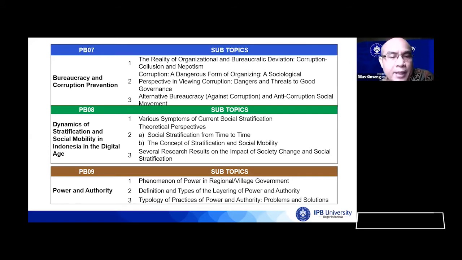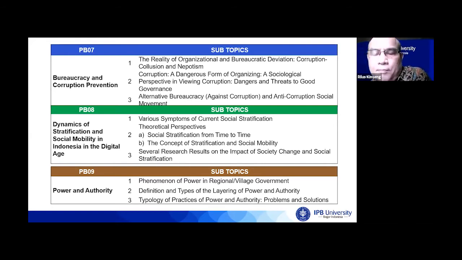And PB09, I mean, we will discuss about power and authority, which consists of phenomenon of power in regional village government, and then definition and type of the layering of power and authority, and then typology of practices of power and authority, problems and solution.